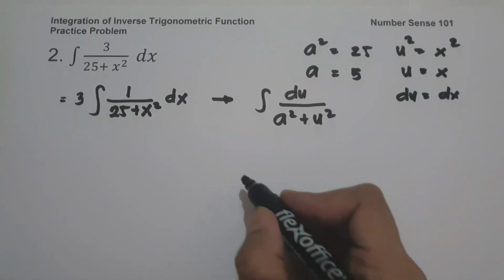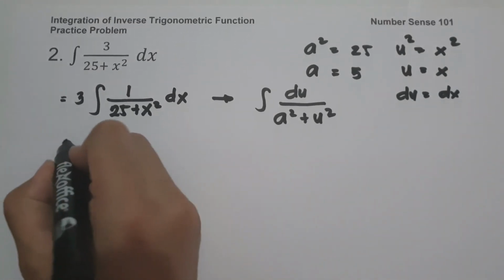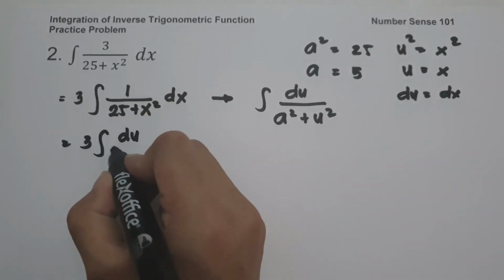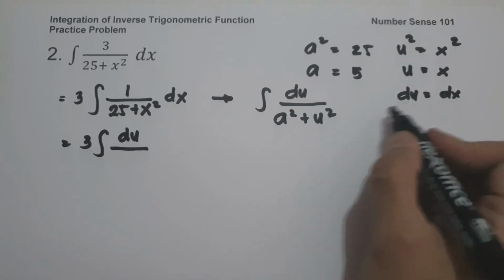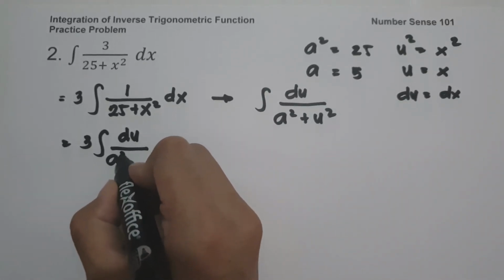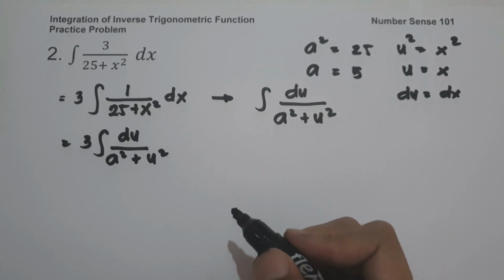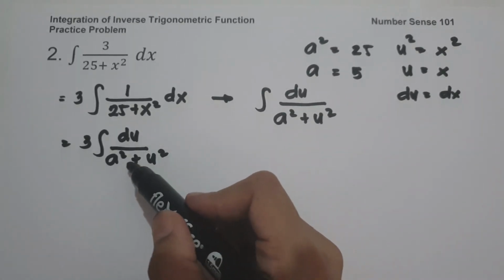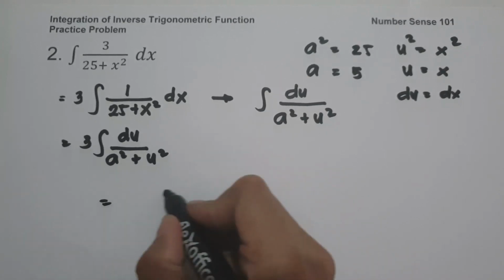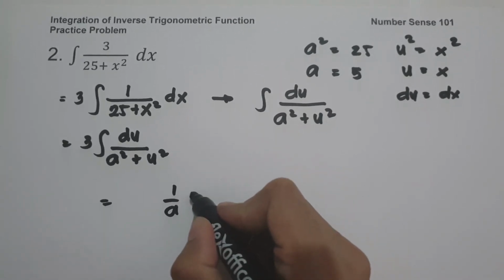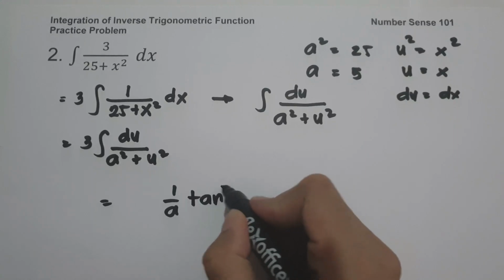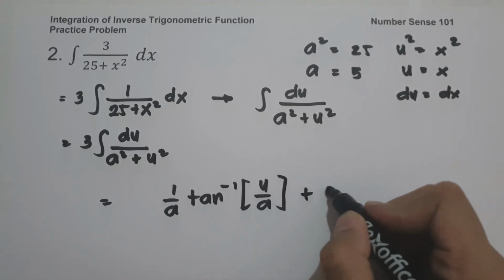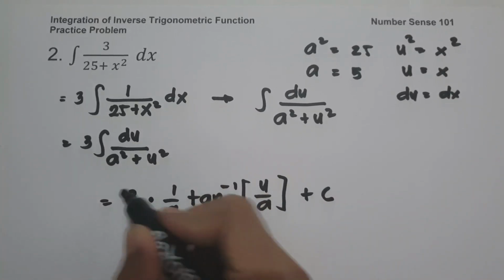So therefore, we are going to have 3 times the antiderivative of du over a squared plus u squared. The antiderivative of du over a squared plus u squared is 1 over a arc tangent u over a plus c, multiplied by 3.